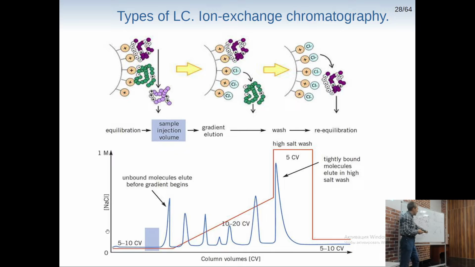We have the same gradient to make peaks shorter and taller, and we can elute from the column, and we'll get different fractions of differently charged proteins. It can be either cation exchange or anion exchange, whatever the charge is here. And that's how it can be done.